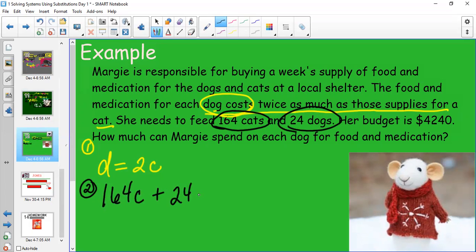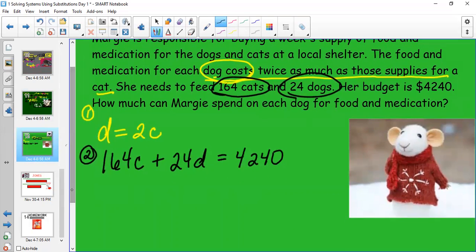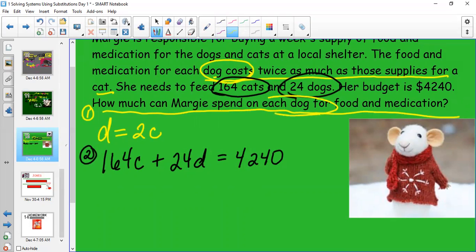So 24 times however much we're spending on the dogs is going to equal our total budget of $4,240. All right, in the end, I just want to know how much she can spend on each dog. So I don't need to know the cats. I'm going to go ahead and write it to get both cats and dogs, but in the end, I really only have to answer the dog part of this question.